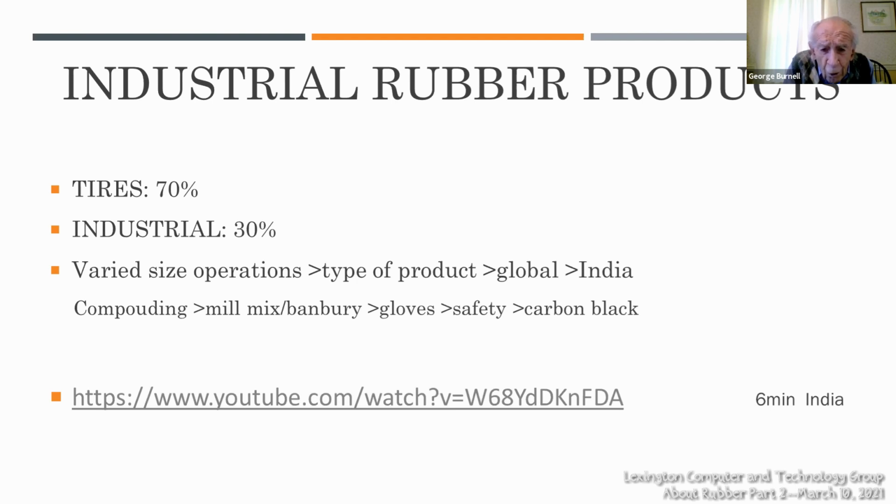So I'm going to show you a video from India. And this represents the kind of businesses that I dealt with, because I had 32 plants worldwide. So I've been in some varied facilities.